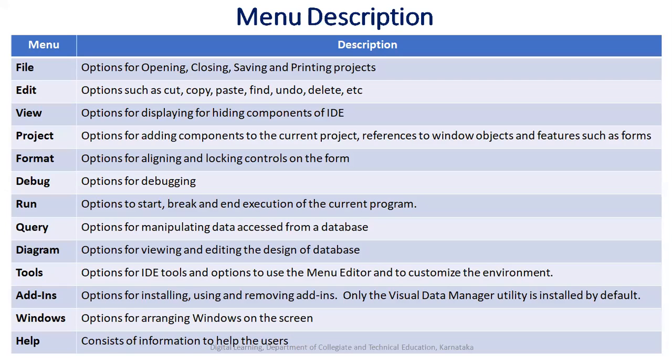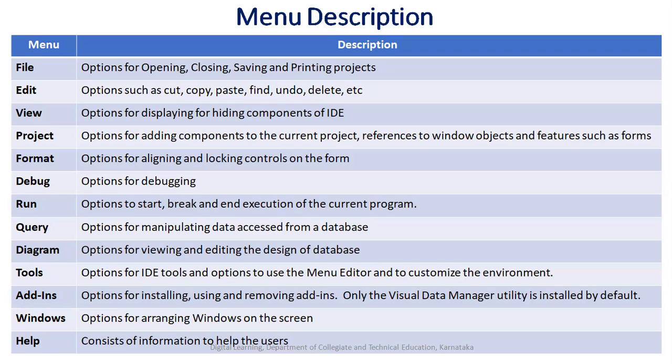The Edit menu has the options such as cut, copy, paste, find, undo, delete, etc. The View menu has the options for displaying or hiding components of the IDE. The Project menu has the options for adding components to the current project, references to window objects, and features such as forms. The Format menu has the options for aligning and locking controls on the form.